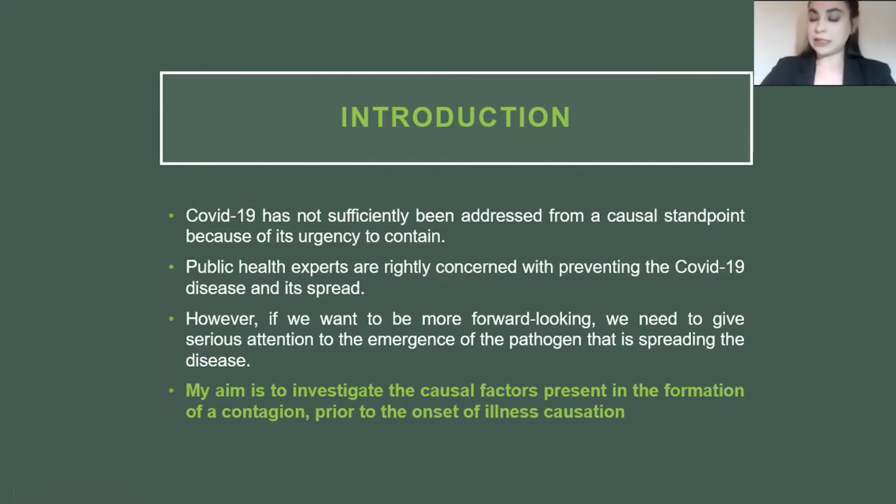COVID-19 has been addressed from a place of extreme urgency, and the primary objective has been to contain it. This is obviously very important, but it does mean that the disease has not been sufficiently addressed from a causal standpoint. If we do want to tackle the problem of zoonotic disease more preemptively, then what we need to do is shift our attention from focusing exclusively on disease and symptom behavior and start focusing on the behavior of pathogens.